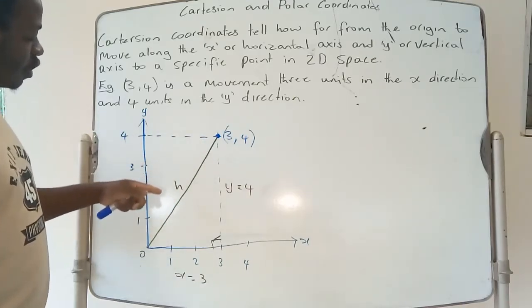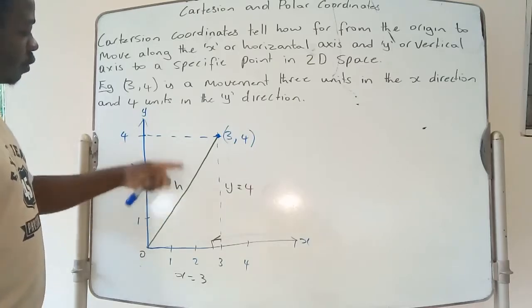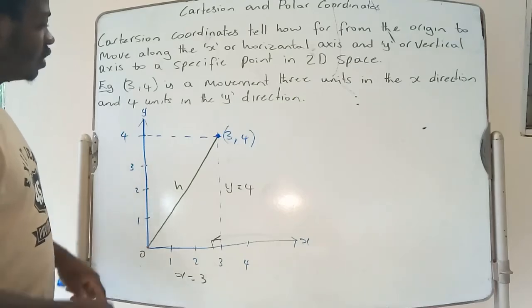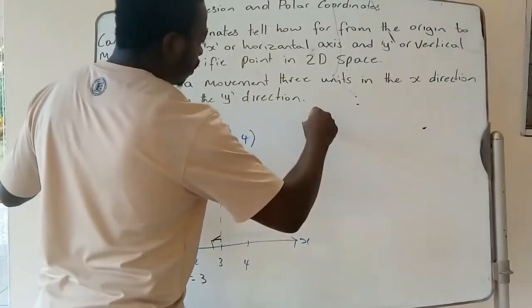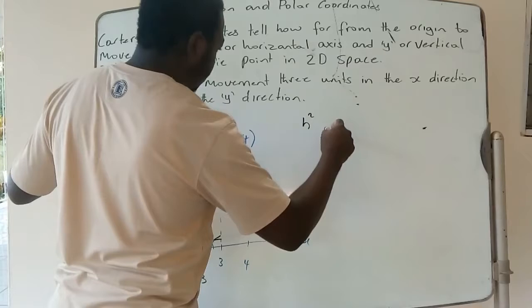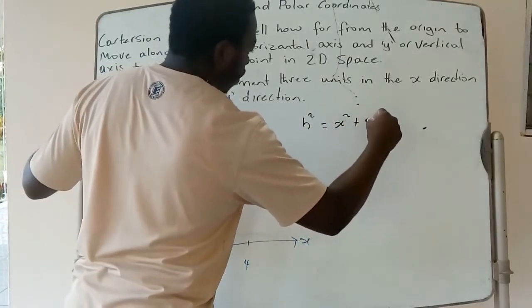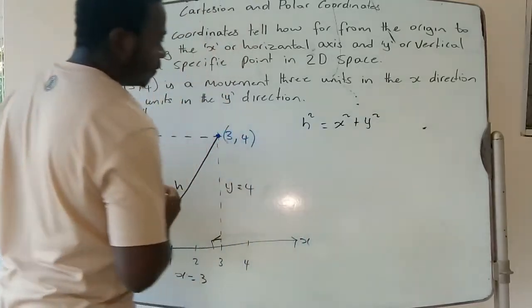By Pythagoras' theorem, we could determine what h is, because h here would represent the hypotenuse. So this is just h squared is equal to x squared plus y squared, right?